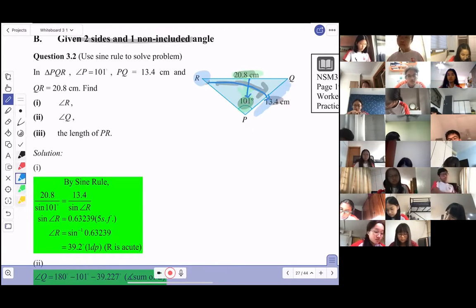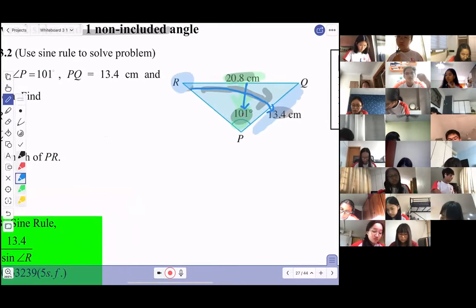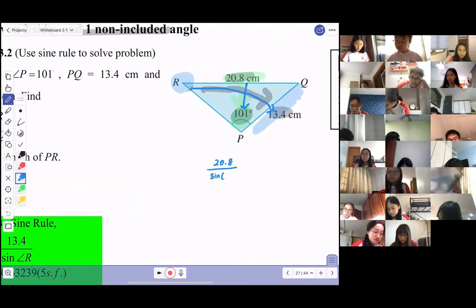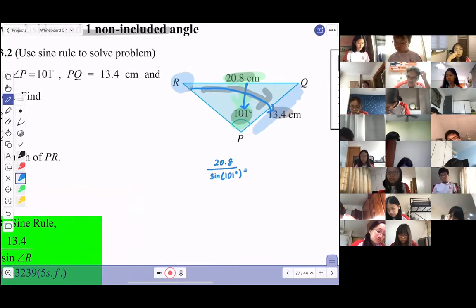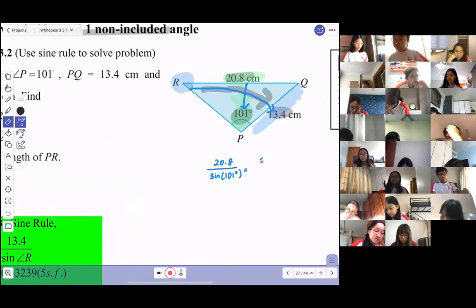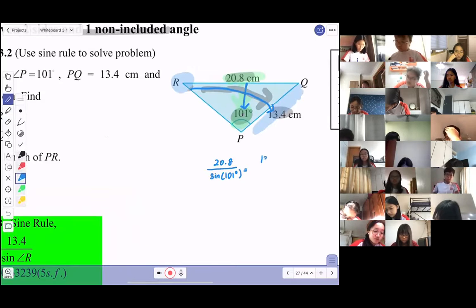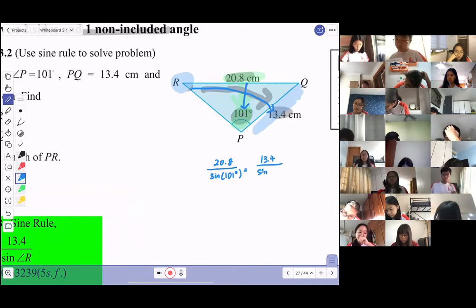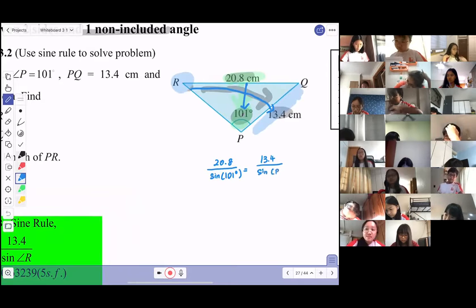So from here, you can say that 20.8 over sine 101 degrees is equal to 13.4 over sine of angle R. Oh sorry, if I'm putting the side at the top, make sure you put the side at the top.